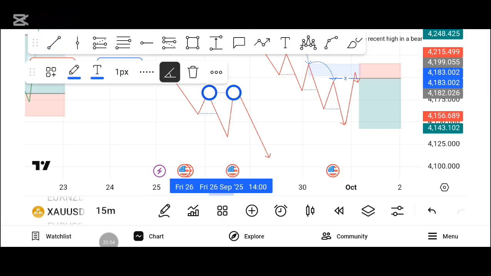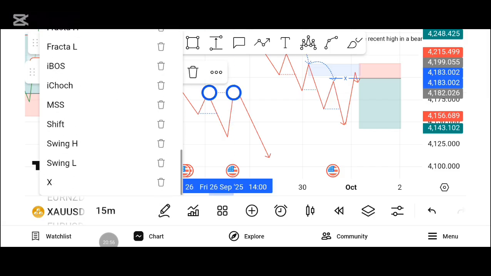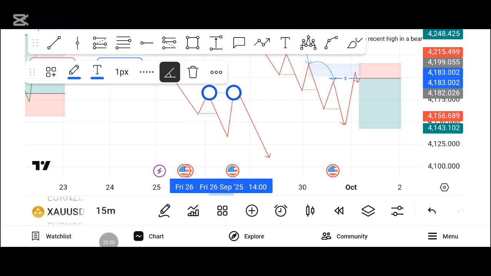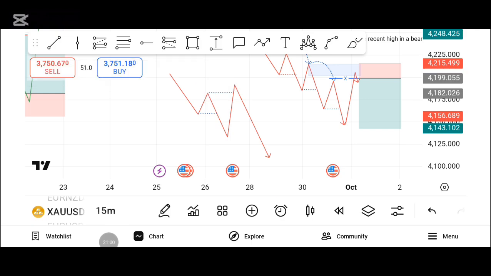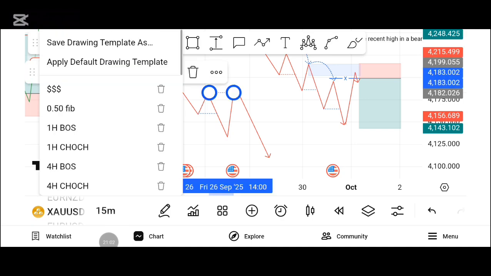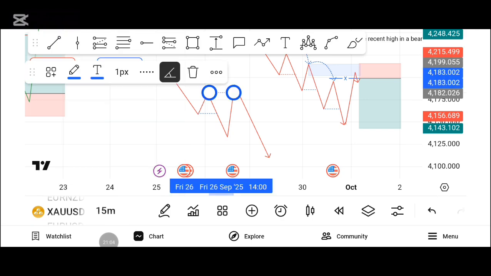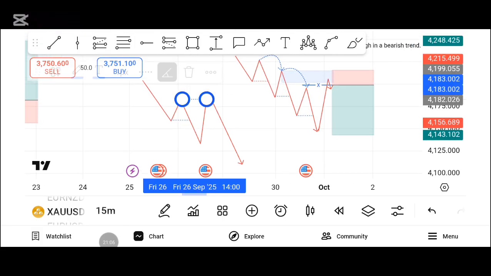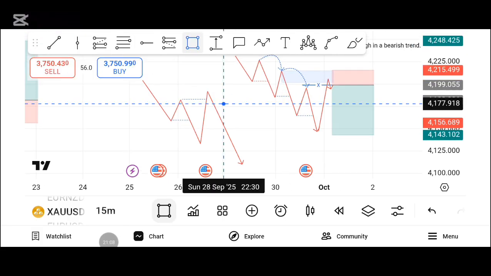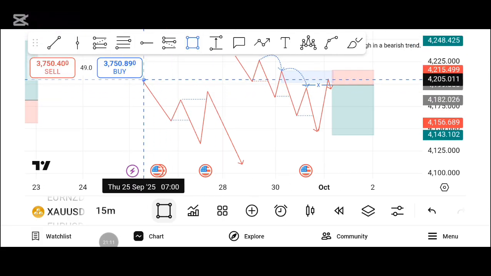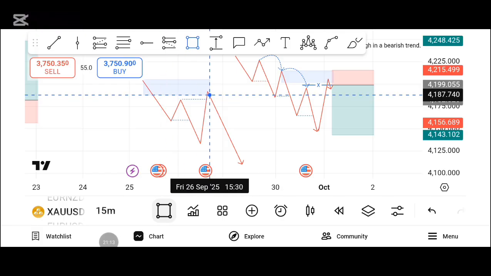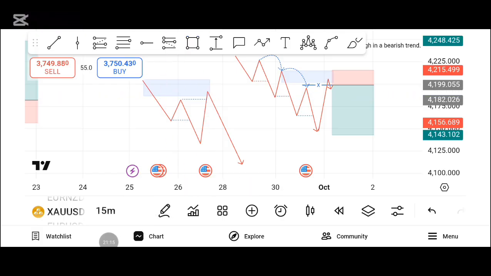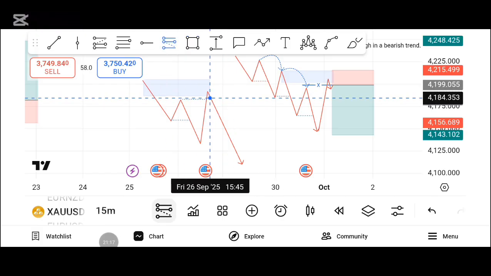You can see that price came back here, took out this inducement and mitigated either our order flow or our POI here. You can go short from this particular point.